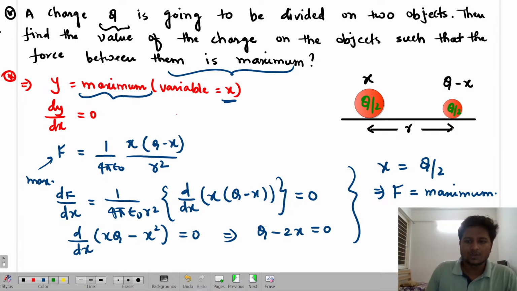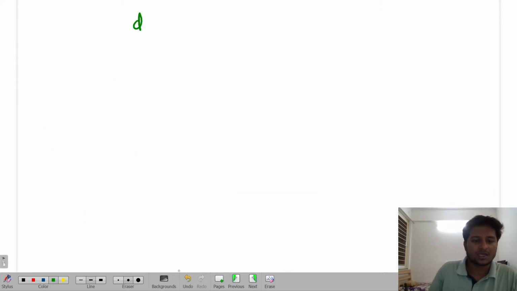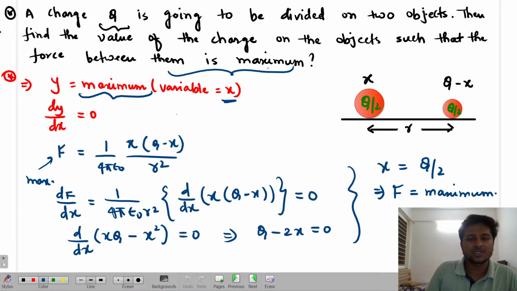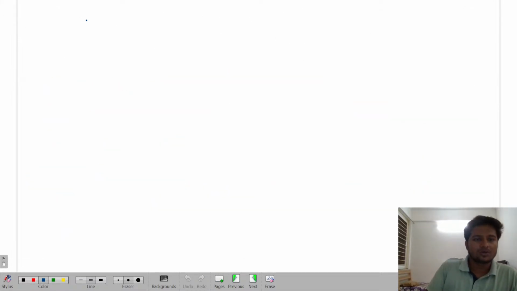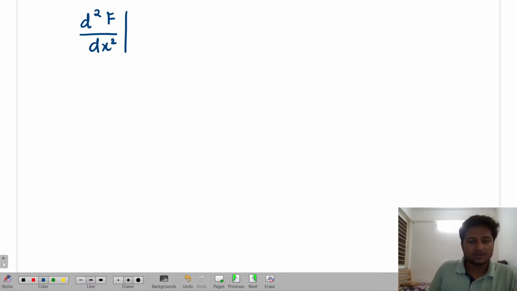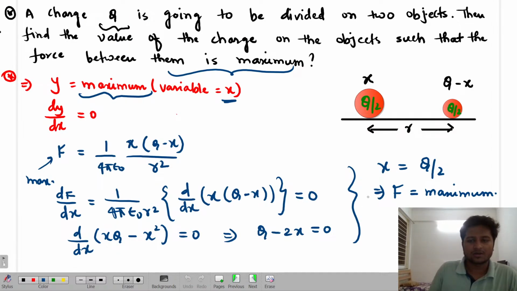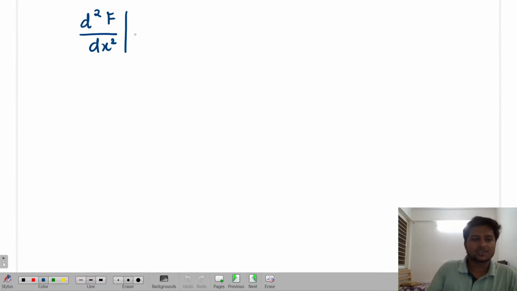Here I have directly written maximum and minimum, but actually the process involves this. Here it is already specified in the question that it is going to be maximum, so you'll write the same value. But to verify, you need to repeat these steps. Then you need to find d2f by dx square, and whatever value of x you got, you replace it in d2f by dx square and check it.